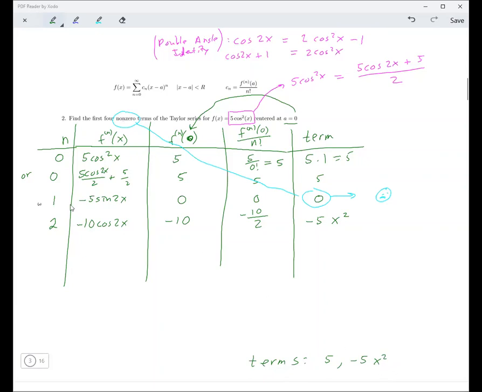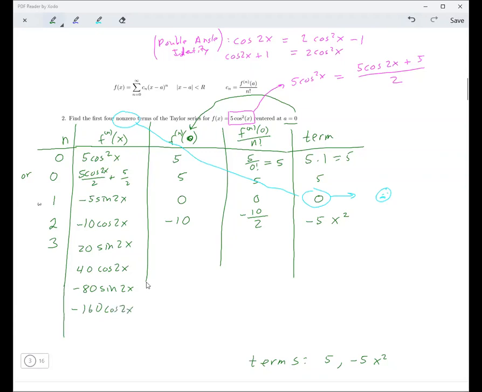We need 4 of these. Okay, and when n is 3, when you take the derivative here, that gives you positive 20 sine 2x. And maybe we'll just go on a derivative run. The next derivative is going to be 40 cosine 2x. And the next derivative is going to be negative 80 sine 2x. And the next derivative is going to be negative 160 cosine 2x.